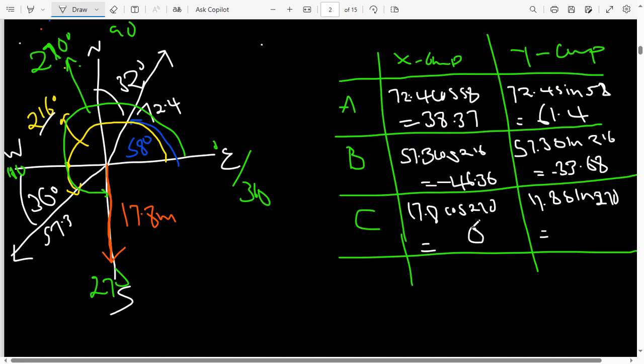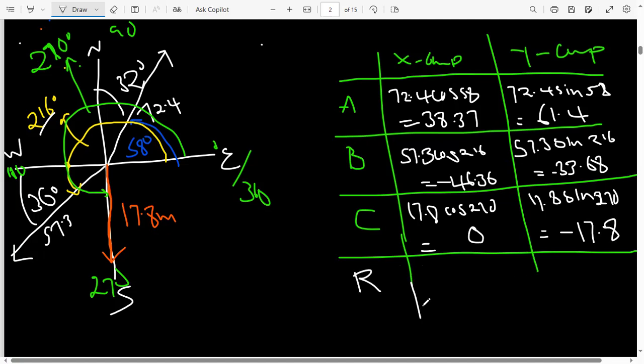On the other side, 17.8 multiplied by sine 270 is going to give me minus 17.8. So this is what I get.